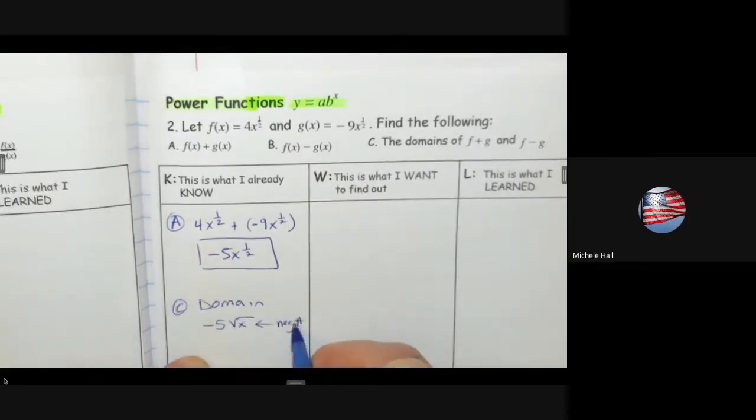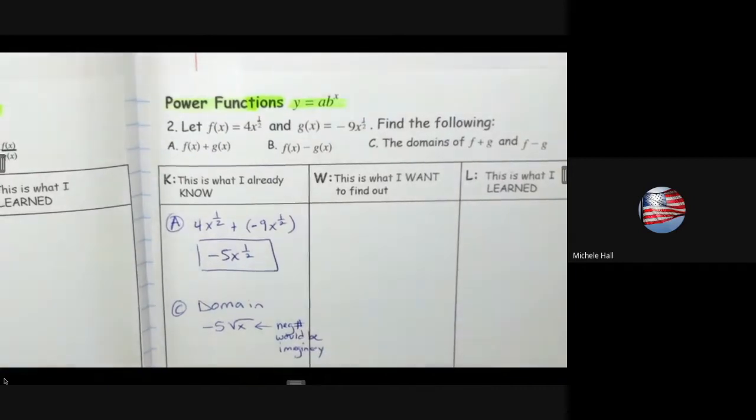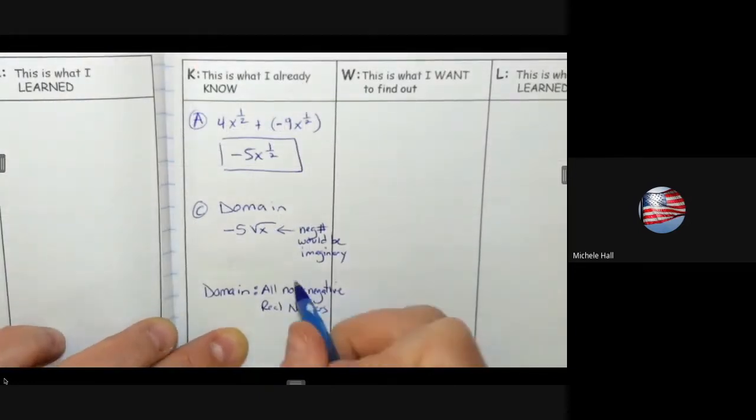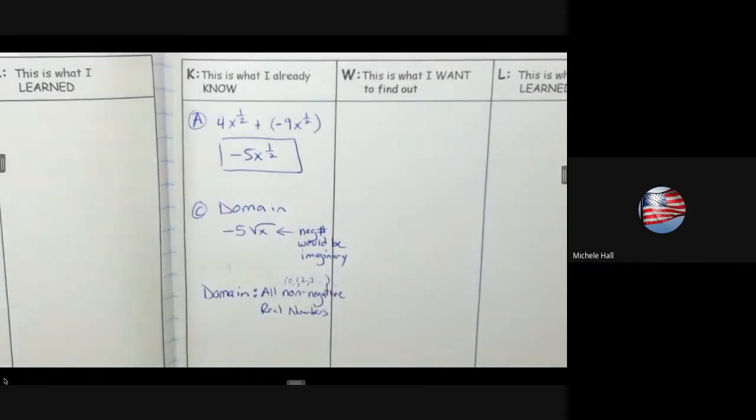A negative number would be imaginary. That is the place that we need to look out for. We would say that the domain then would have to be non-negative real numbers. All non-negative would be 0, 1, 2, 3, and so on. Non-negative.